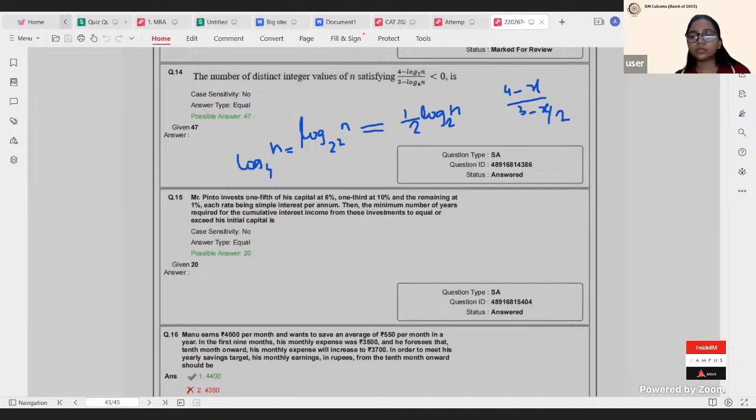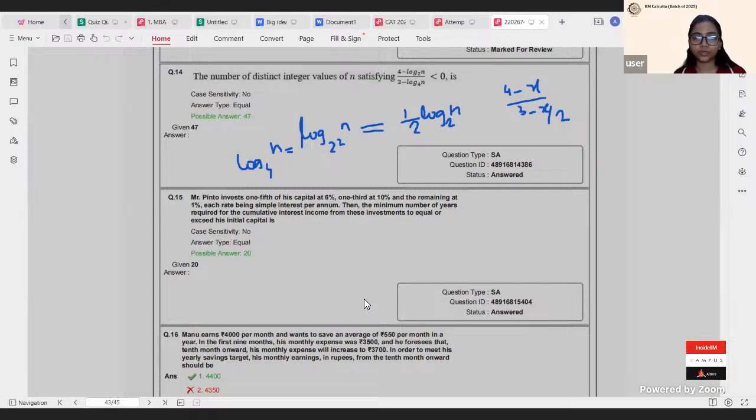So without solving, if we just visualize, so for any value of x, so log n of 2 is x, right? So for any value of x less than 4, the numerator will come out to be positive and the denominator will be 3 minus a positive quantity, so the denominator is negative.